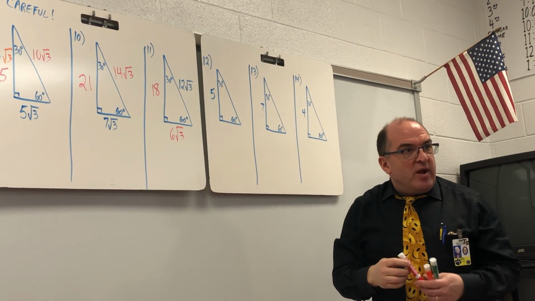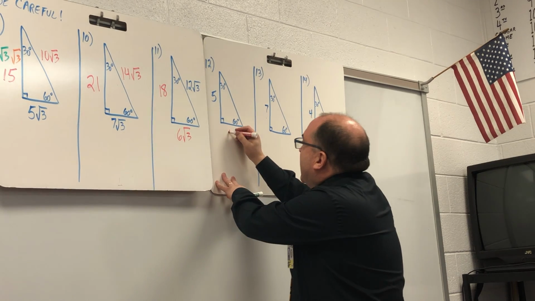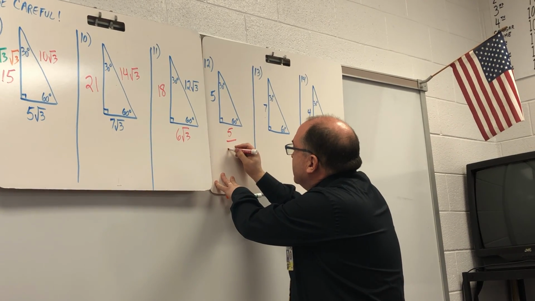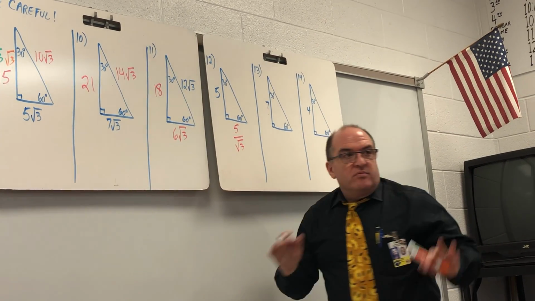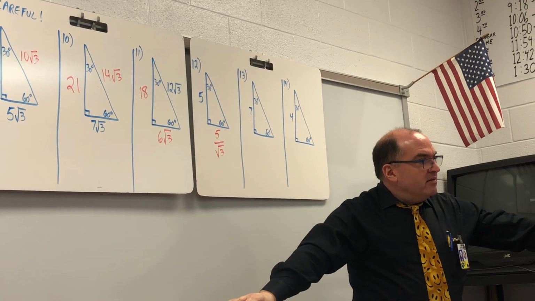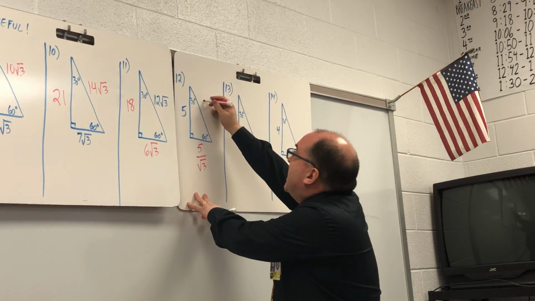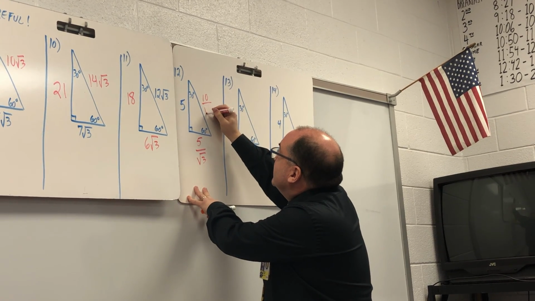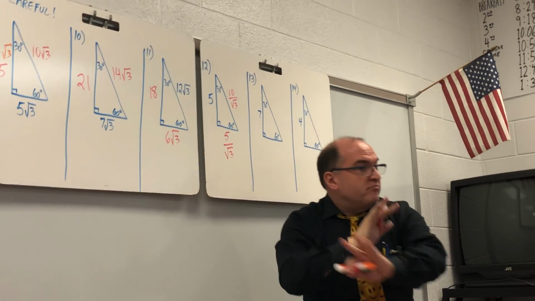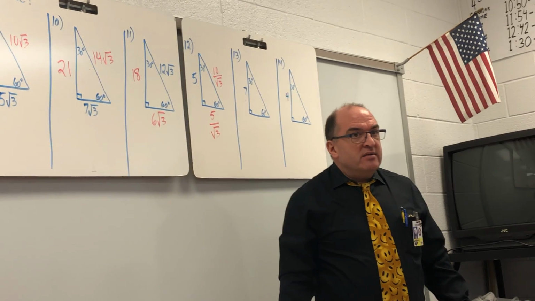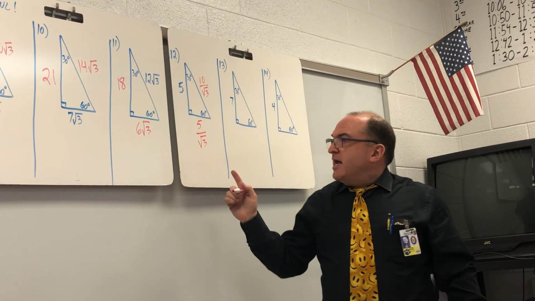All I want you to write is 5 divided by square root of 3. That's it. And if I double it, won't it be 10 divided by square root of 3? Okay? Write it just like this.